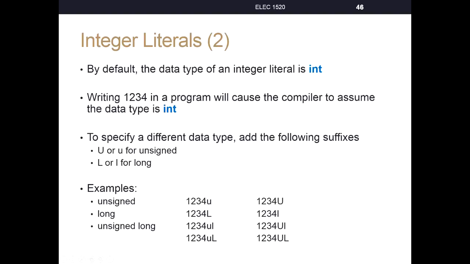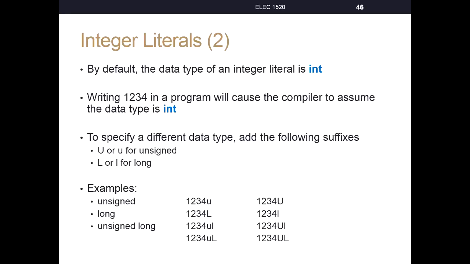If you want to specify that 1234 is an unsigned number and not just an int, so now it's an unsigned int, the U says this is an unsigned int data type. If you want to force this to be a long data type, we put an L after the number. If you want it to be unsigned long, you can use any one of these four combinations: UL, U with a capital L, and so on.